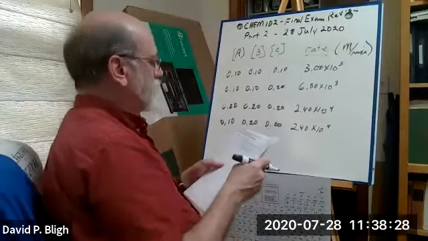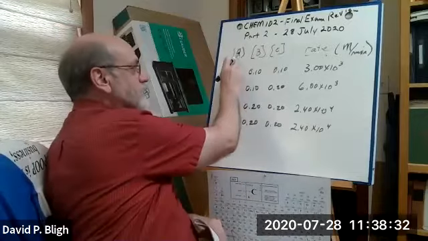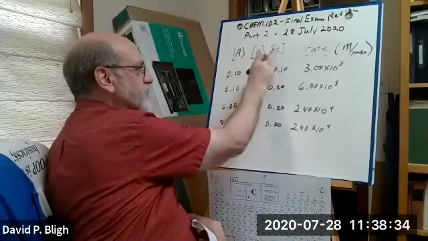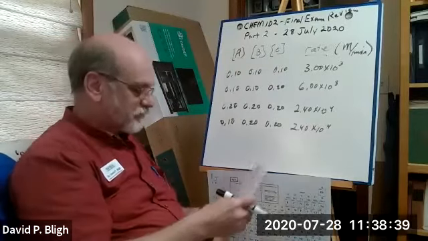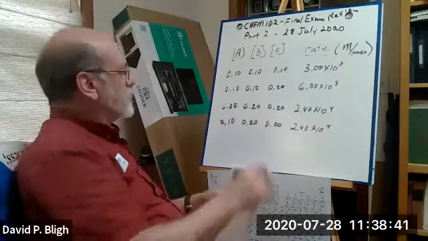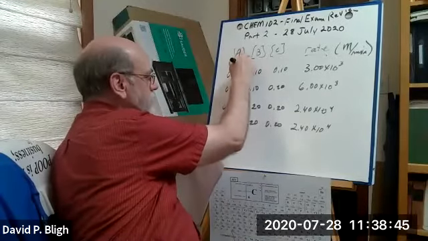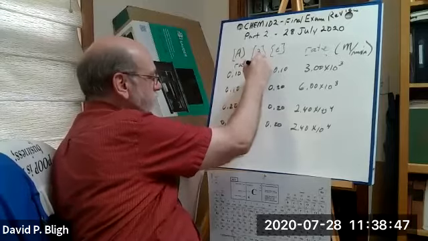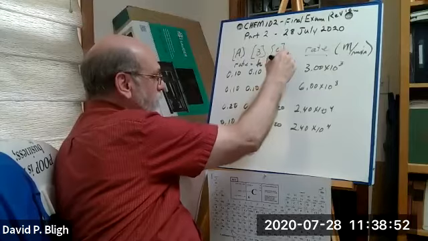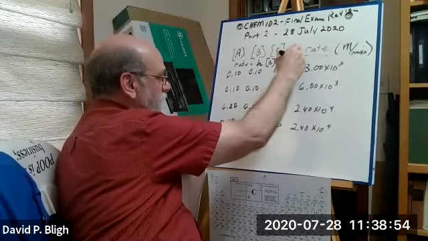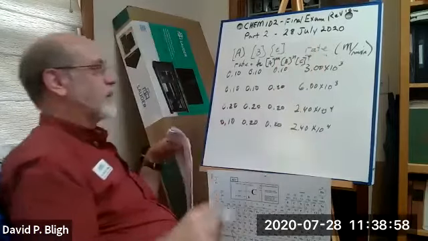Okay, so we have a reaction here, and these are the reactants. Reactant A plus B plus C. You don't need to know the balanced equation. The expression then would be the rate is equal to a K value times A to a power times B to a power times C to a power.